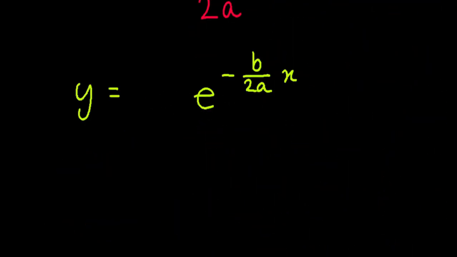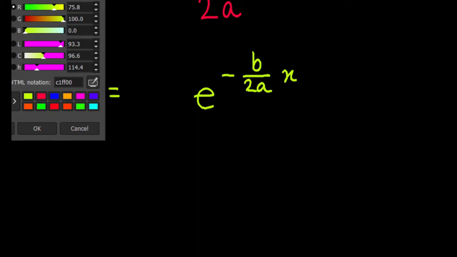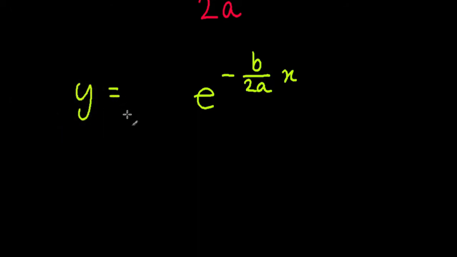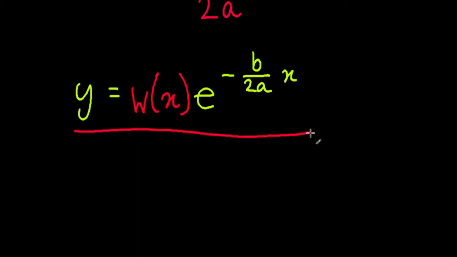We at least know that it's a solution. That much is certain. Now what I'm going to try to do is multiply a function of x here. Let's call that w, some function w of x, and I'm going to say that this is going to be my general solution.